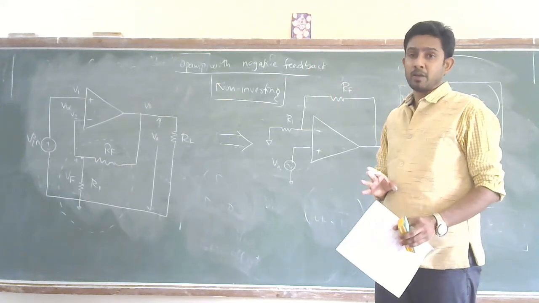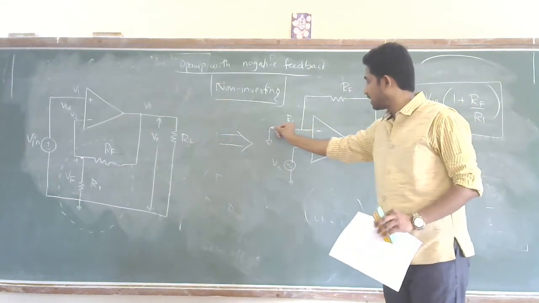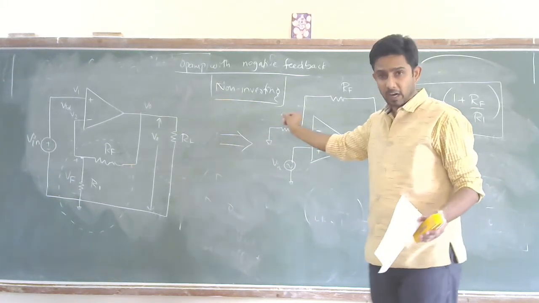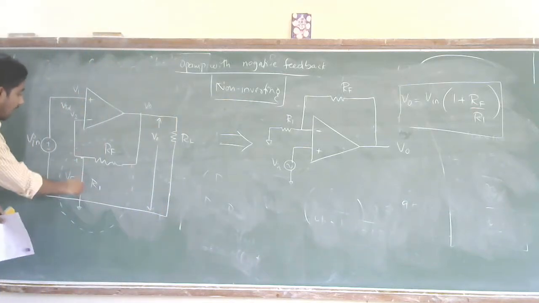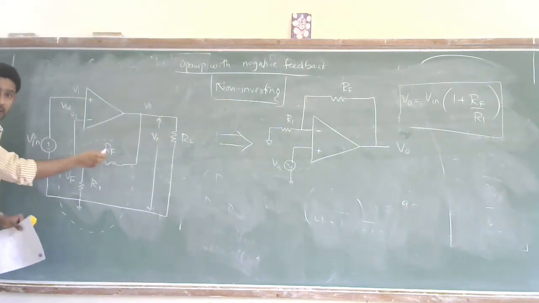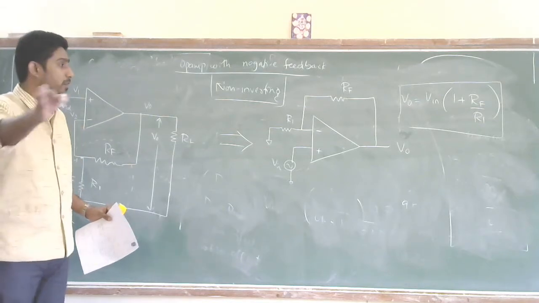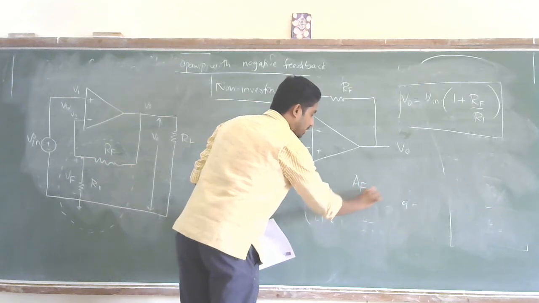Maybe we had a lot of confusion about why R1 is connected towards ground. That confusion is clearly resolved over here, and we say that R1 and RF together will behave as a feedback network. And if you remember from yesterday's derivation, yesterday we derived the AF equation.